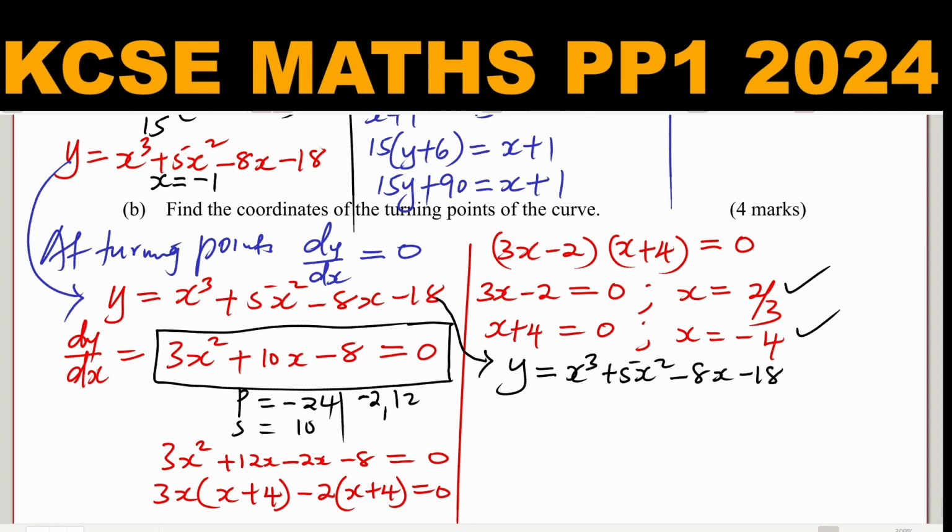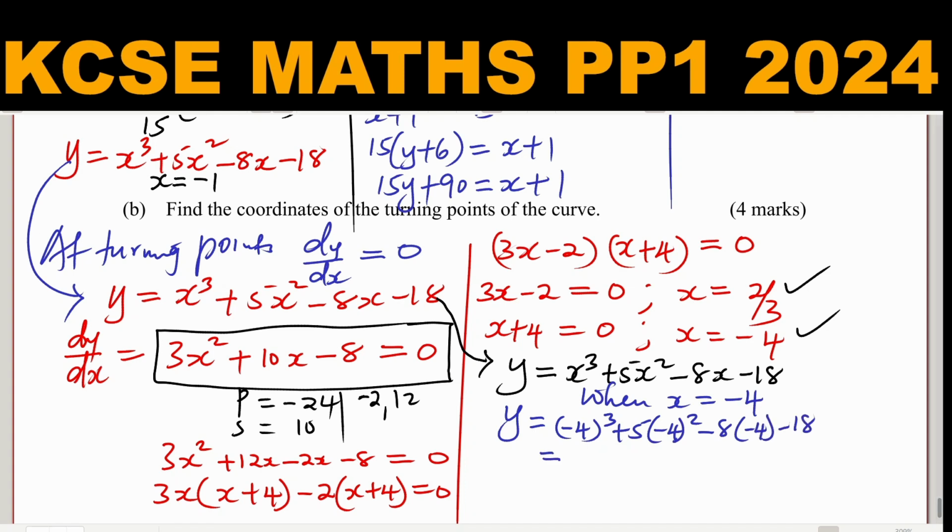So when x is equal to negative 4, what is the corresponding y value? Simply substitute x is equal to negative 4 in that function: negative 4 cubed plus 5 times negative 4 squared minus 8 times negative 4 minus 18.